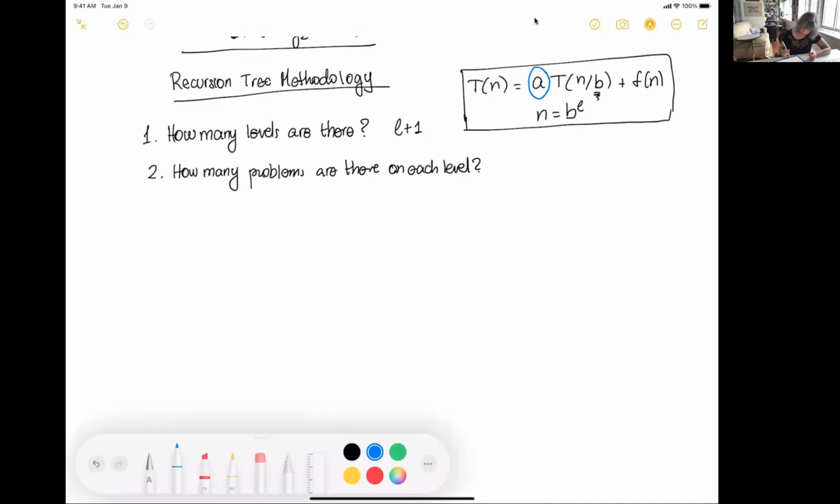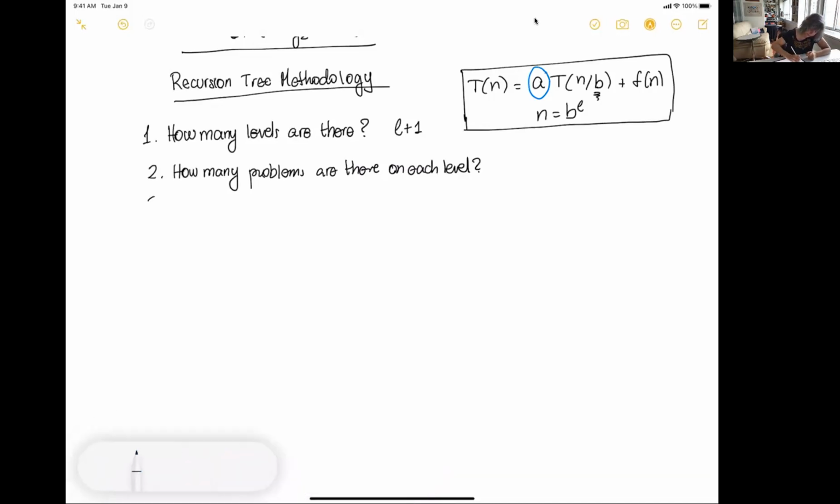And the third thing that is very important, of course, is to calculate how much work there is per problem. Once you know how much work there is per problem and how many problems there are at each level, you can calculate the amount of work per level.